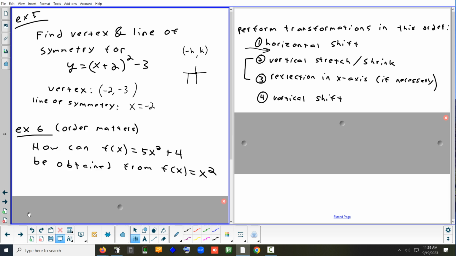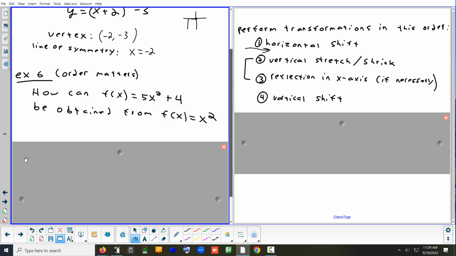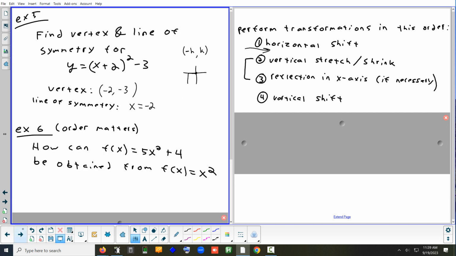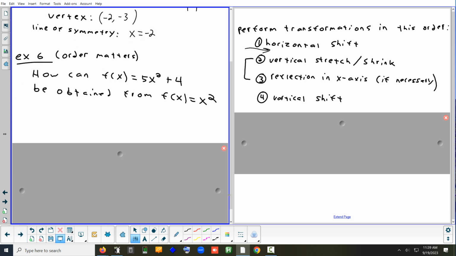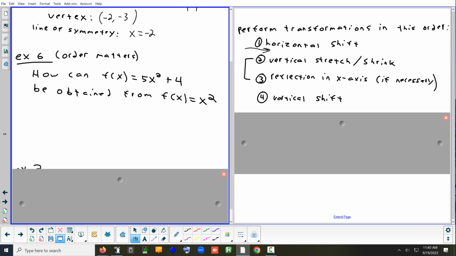Okay, so let's look at this one. So the original function we have is y equals x squared, and we're going to transform it into 5x squared plus 4. How many transformations is it going to take to change the original into the new one? 2 transformations. Okay, let's go through it.